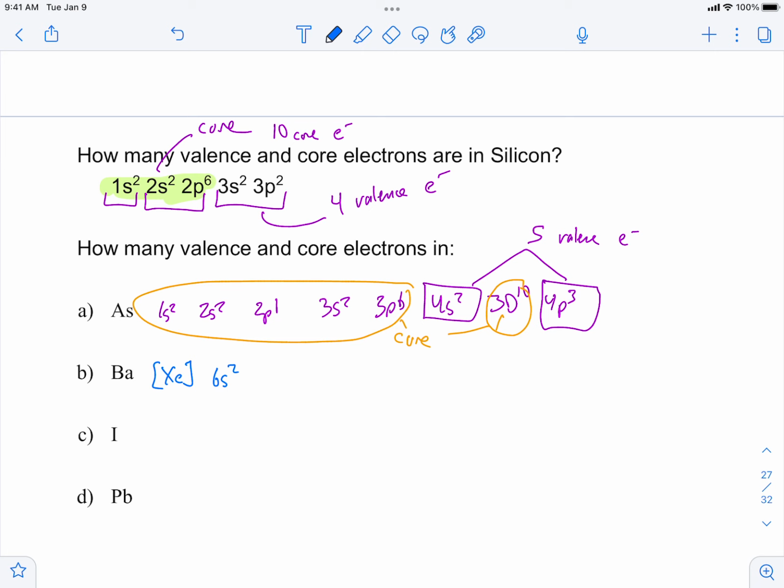What's the highest energy level you see? 6. And so, how many valence electrons are there? Just 2. And then the rest. So there's 56 electrons in barium. 54 of them are core. 2 valence electrons.